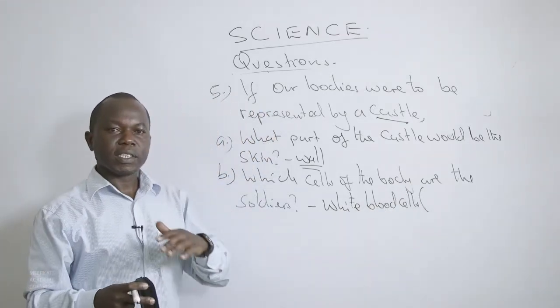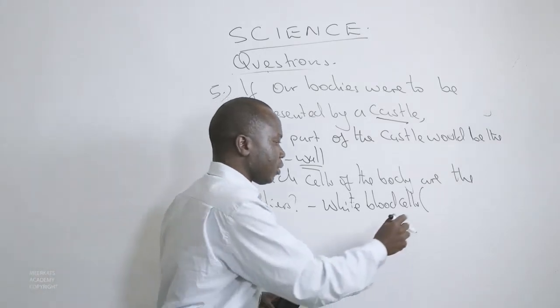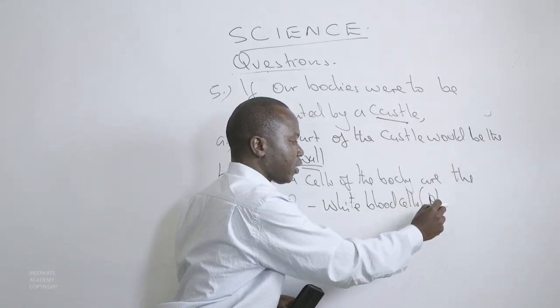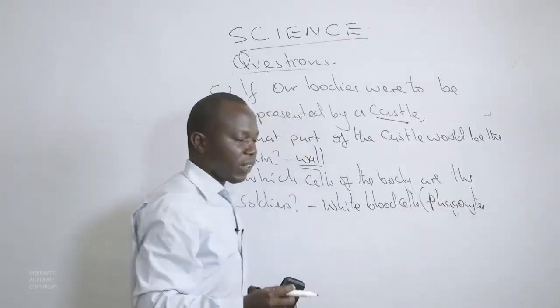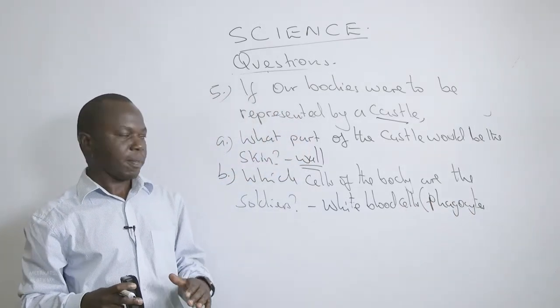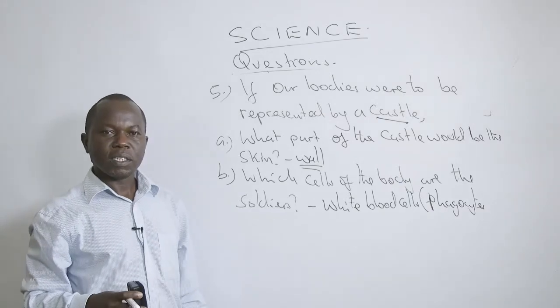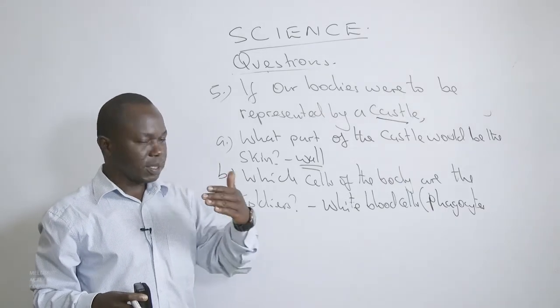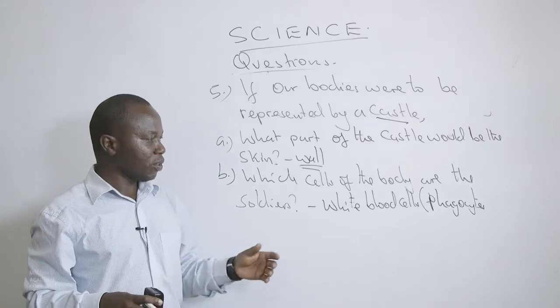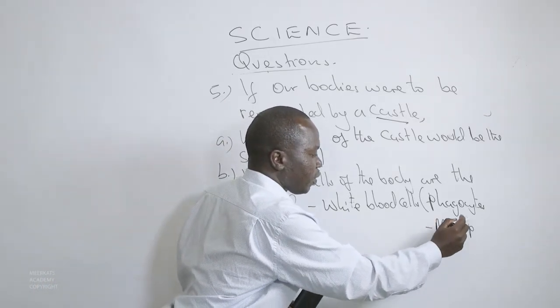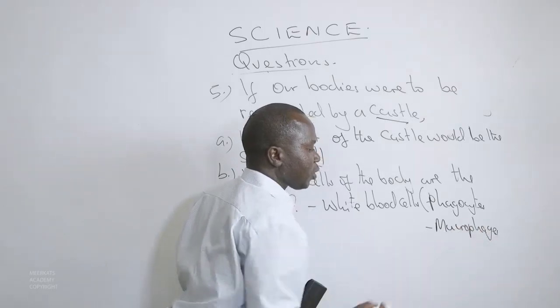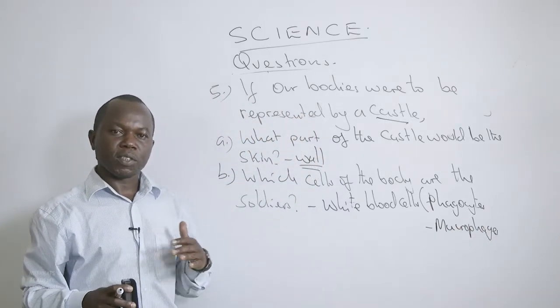Remember, we have different types of white blood cells that we have already mentioned. The phagocytes, they fight physically. If they are the soldiers, they are the ones that will be sent first, the ground soldiers. And then we have the macrophages. They produce chemicals.